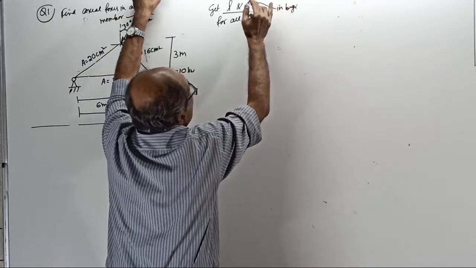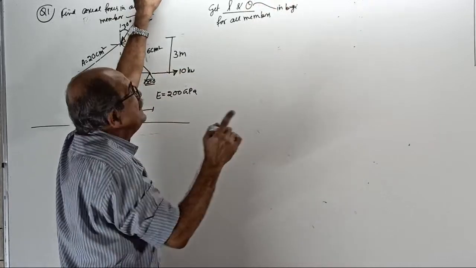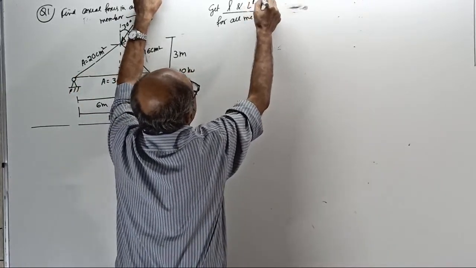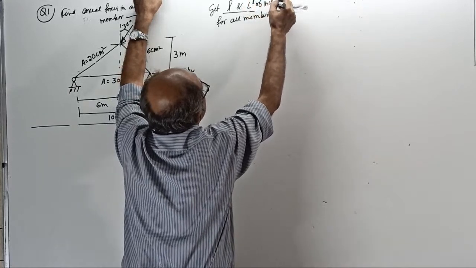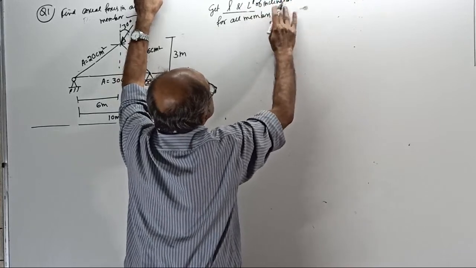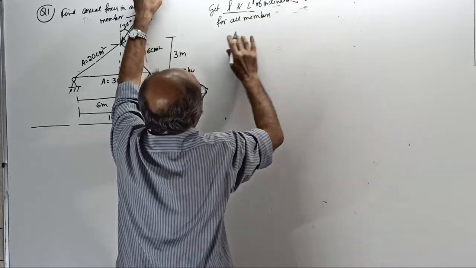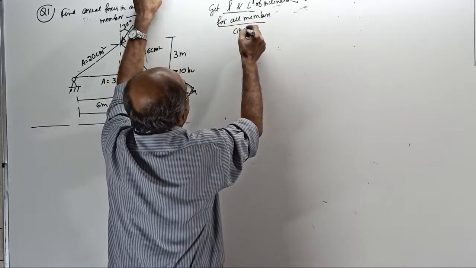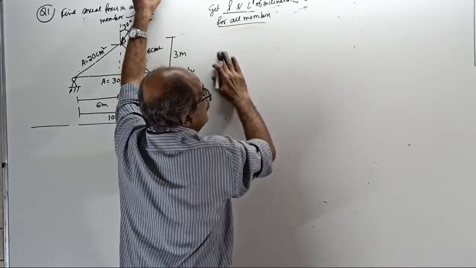Angle theta actually means the angle of inclination. The length and angle of inclination, for all inclined members, in degrees.